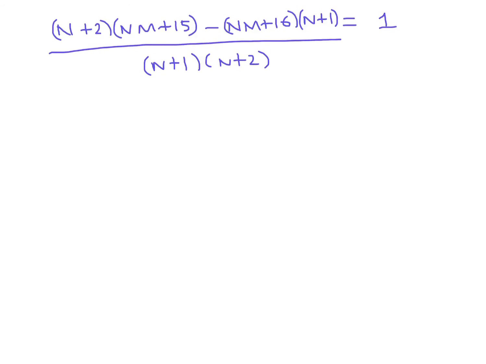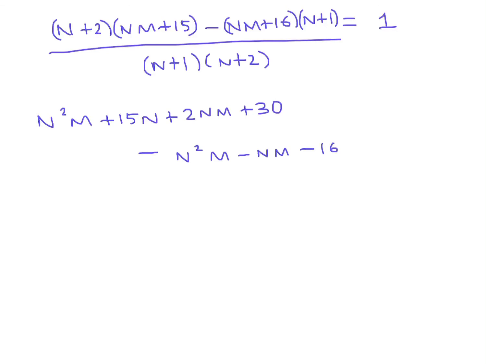Okay, so far hopefully you're with me. So let's multiply this all out. We have n squared m plus 15n plus 2nm plus 30 minus n squared m minus nm minus 16n minus 16.